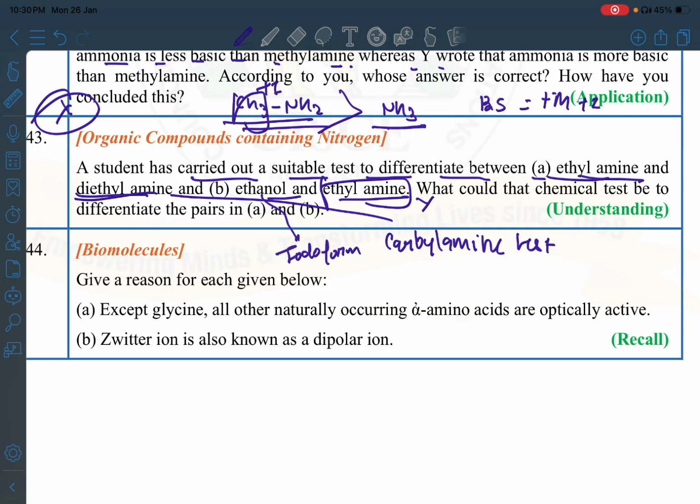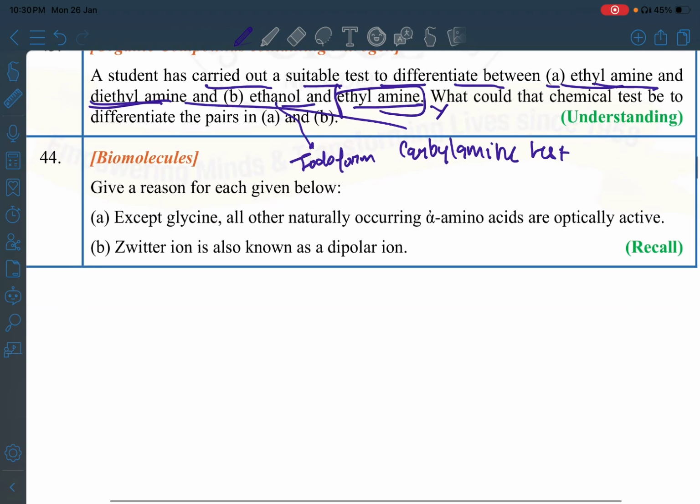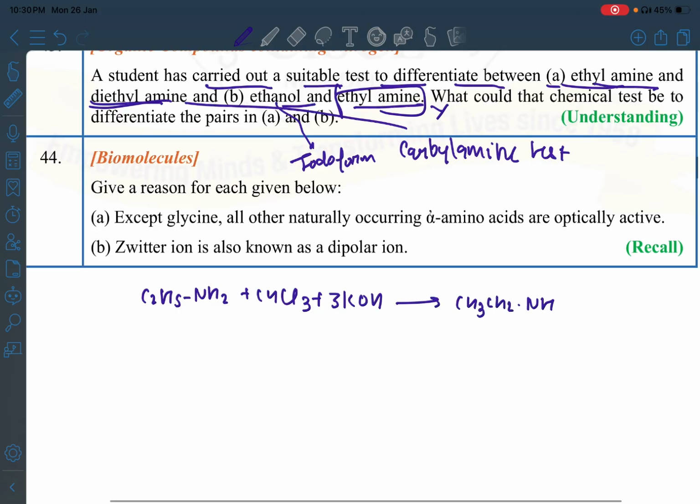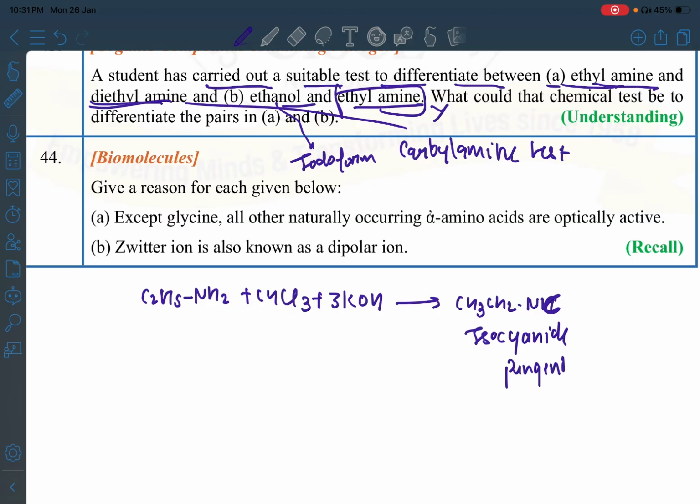Only primary amines give the carbylamine test. I'm writing this: C2H5NH2 reacts with CHCl3 in alcoholic KOH to give CH3CH2NC, which is an isocyanide or carbylamine, with a pungent or rotten-egg kind of smell, plus 3KCl and 3H2O.